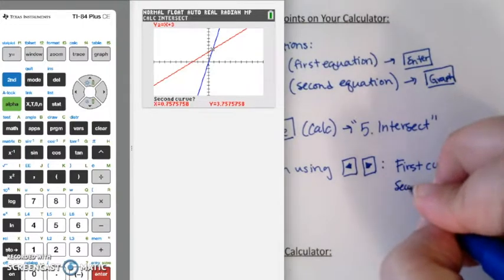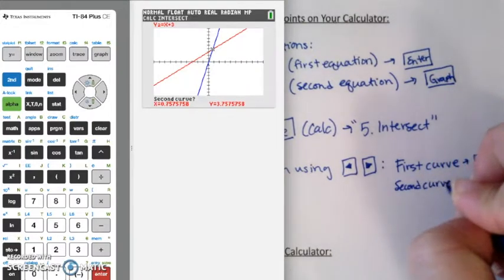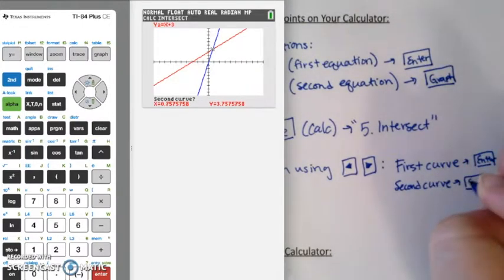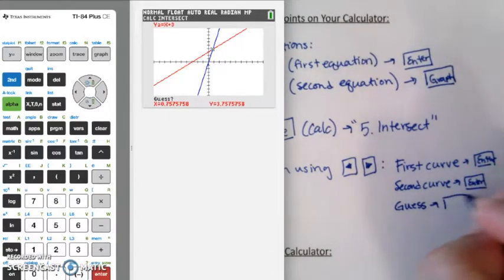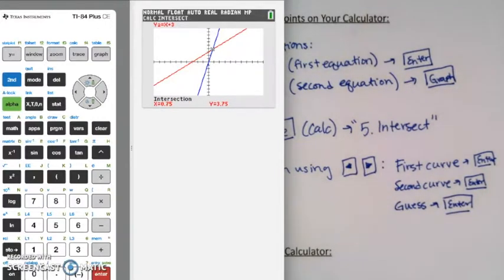And then the second curve, enter. And making sure that the highlighted point is approximately at the intersection. And then it says guess. And then hit enter. And it will give you the point of intersection.